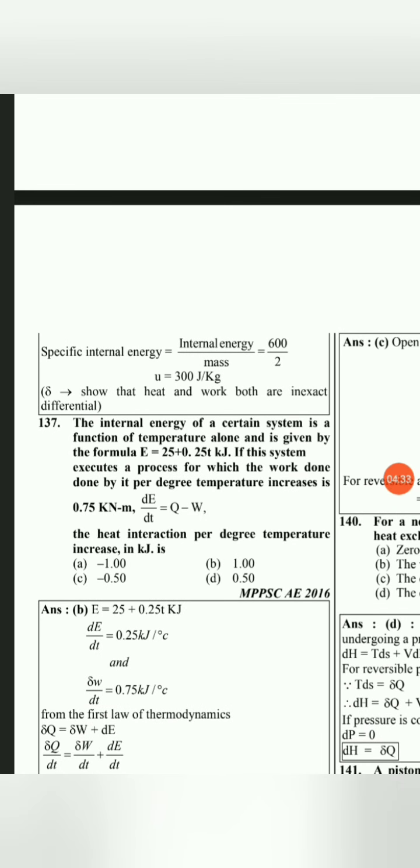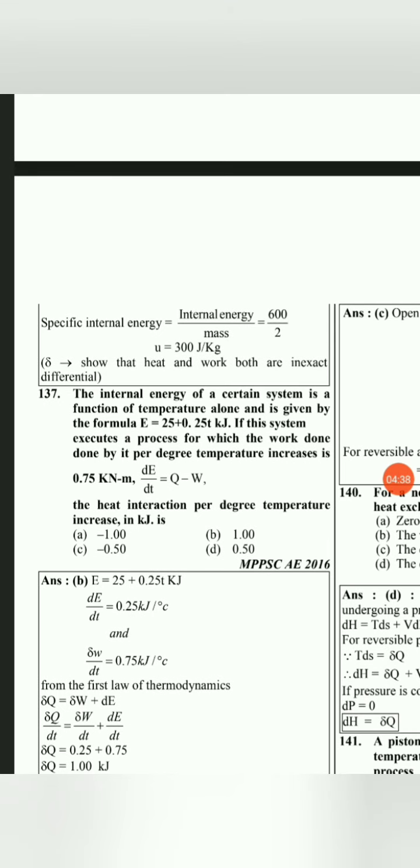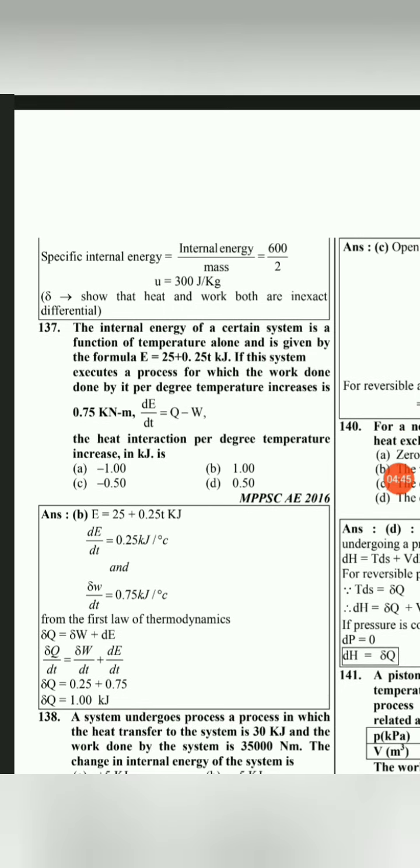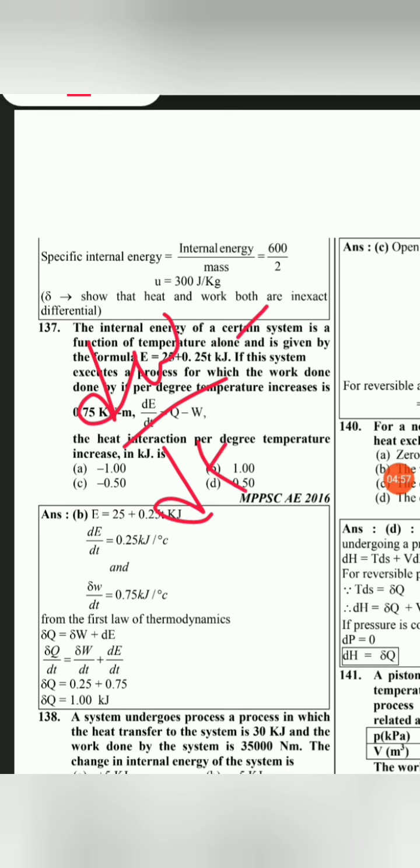The next question, that is question number 137. The internal energy of a certain system is a function of temperature alone and is given by the formula E is equal to 25 plus 0.25 T, where T is the temperature. If this system executes a process for which the work done by it per degree temperature change, that is dW by dT, is given as 0.79 kilo Newton meter per degree Celsius.